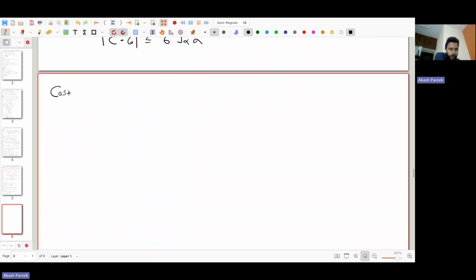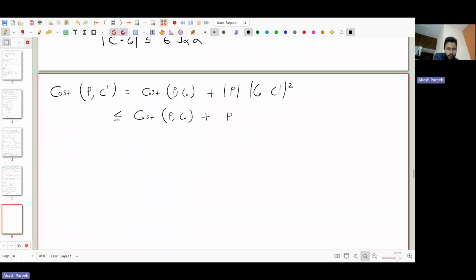So we know that the cost of P on C dash is the cost of P on C0 plus the cardinality of P times (C0 minus C dash) square. This is just by Inaba. Then this can be written as the cost of P on C0 plus the cardinality of P times... We know that C0 minus C dash is 6 alpha root alpha times sigma. Then squaring it, we get 36 alpha sigma square.